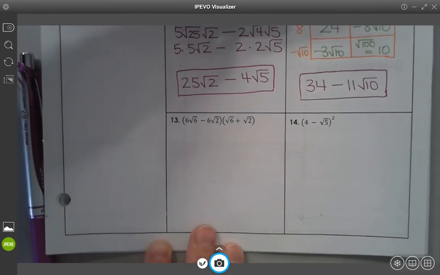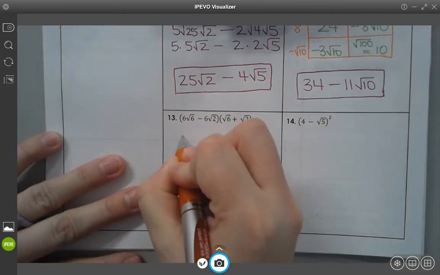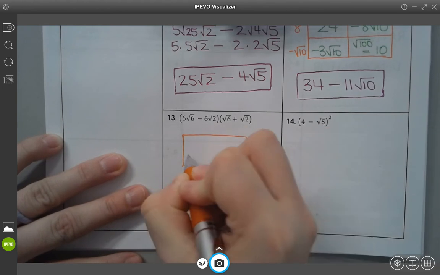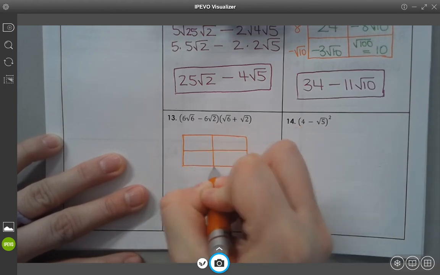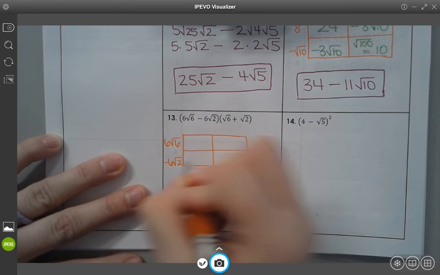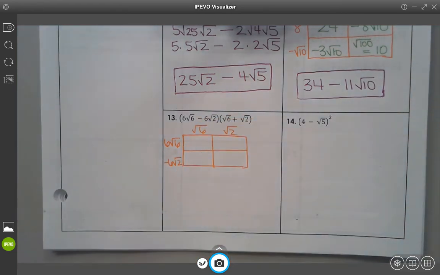Number 13. I'm going to draw a box. Made this one a little bit too small. 6 square root of 6, negative 6 square root of 2, square root of 6, square root of 2.